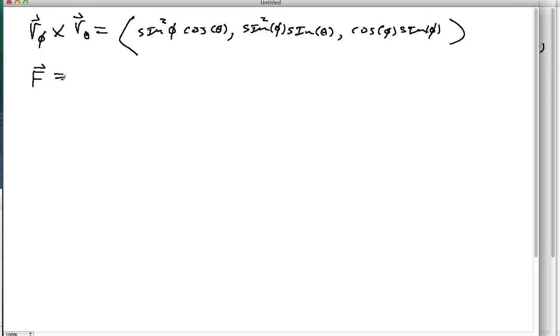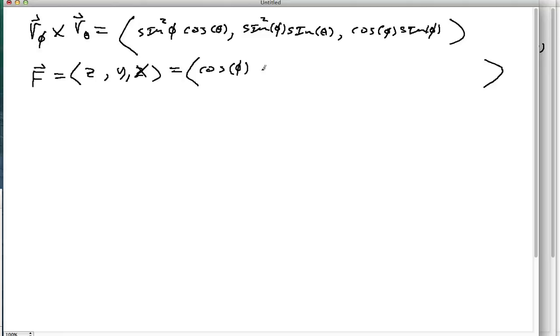So I said f before was equal to z, y, x. And now we have to just translate that into spherical coordinates. So z again was going to be cosine phi.